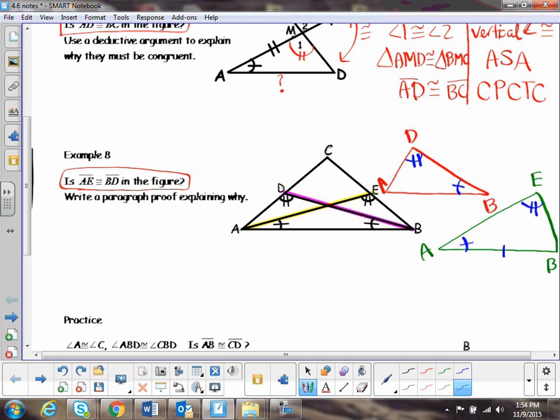Isn't AB congruent to itself? Because that's the same side for both of them. Just by looking at what we marked and the triangles we drew separately, would you say they're congruent? By what reason? Angle side angle, and they're in the correct order. Okay, good. So now let's write out the proof.